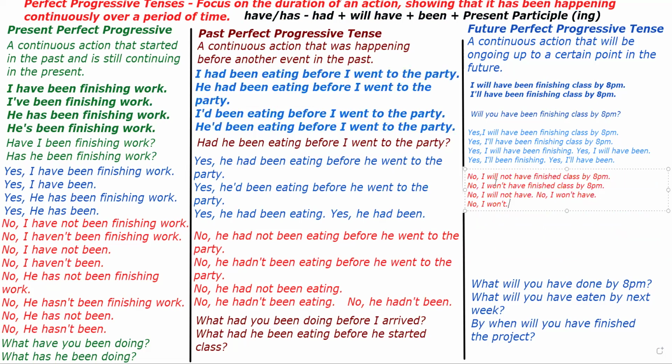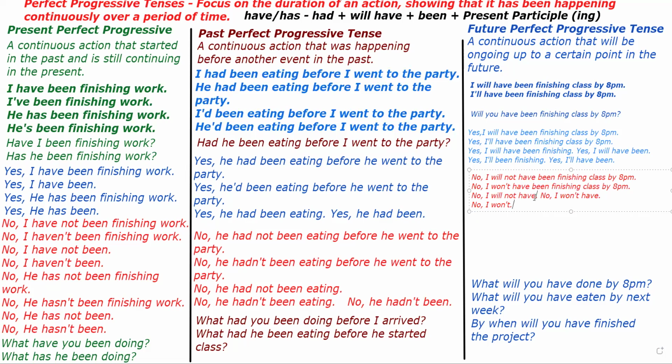No, I will not have been finishing class by 8 p.m. Okay, no, I will have not been finishing class by 8 p.m. Good. The next one. I won't have been finishing class by 8 p.m. Okay, good. Next.